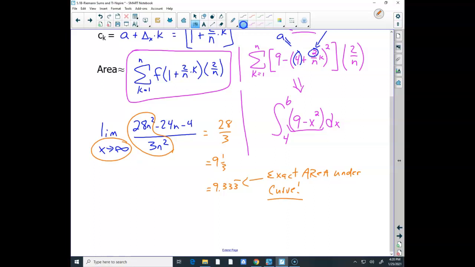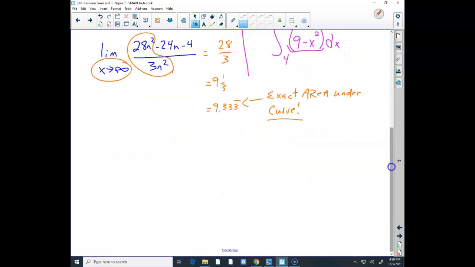So what does this mean? Well, what this means is it's kind of wild and wonky, but if I take that summation that I have here, I used to do this and kids hated me for it, from k equals 1 to n, I used to make them do these, of my 9 minus 2 over n times k times 2 over n.